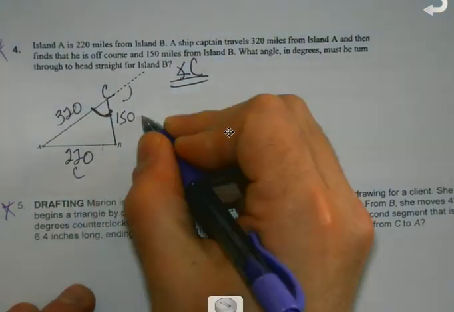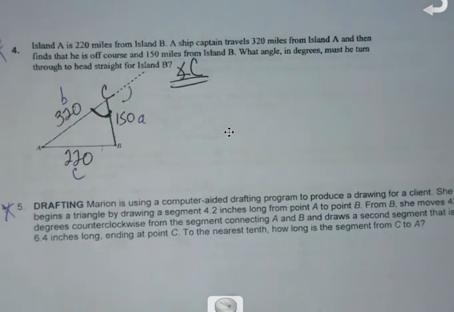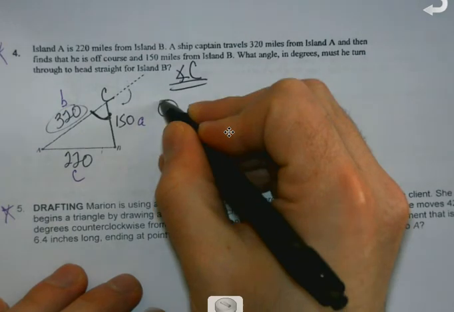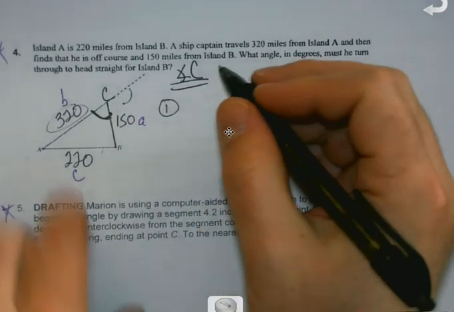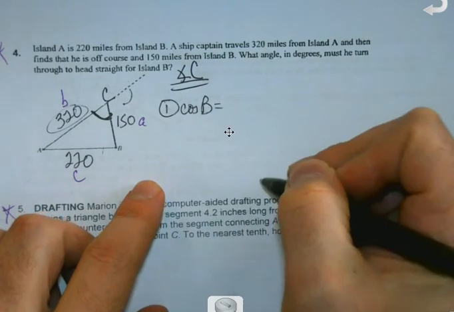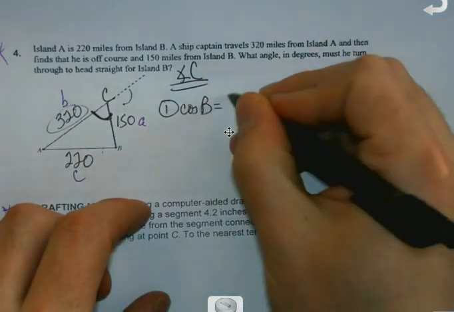But unfortunately, which angle do I actually need to find first? Cosine, which side do we use? The biggest. So we're going to be finding B first. So the cosine of B, and then I just use my formula that I've got.